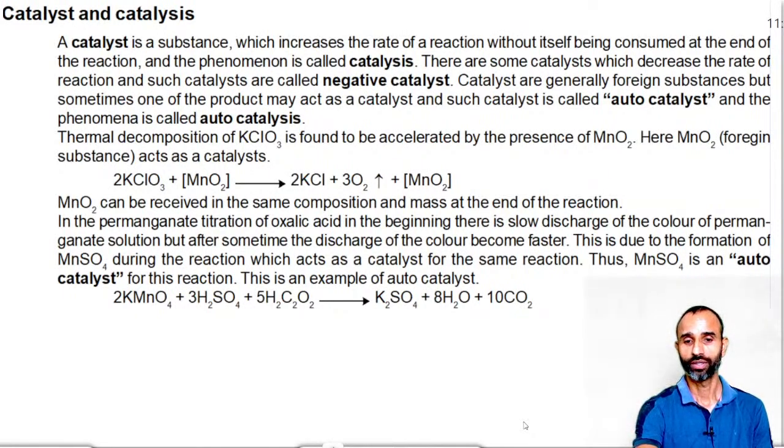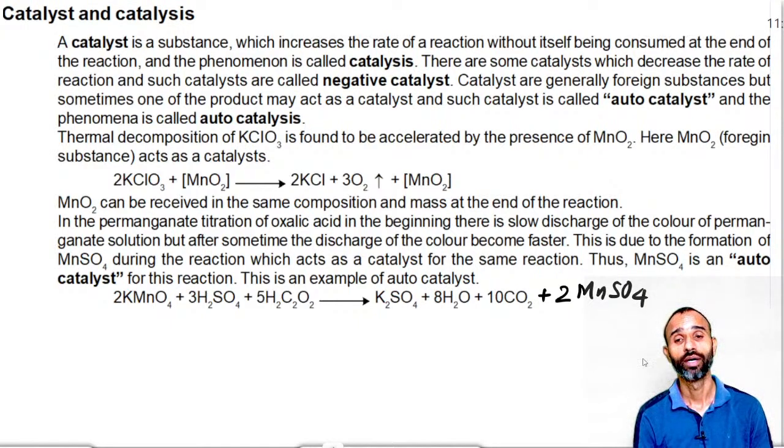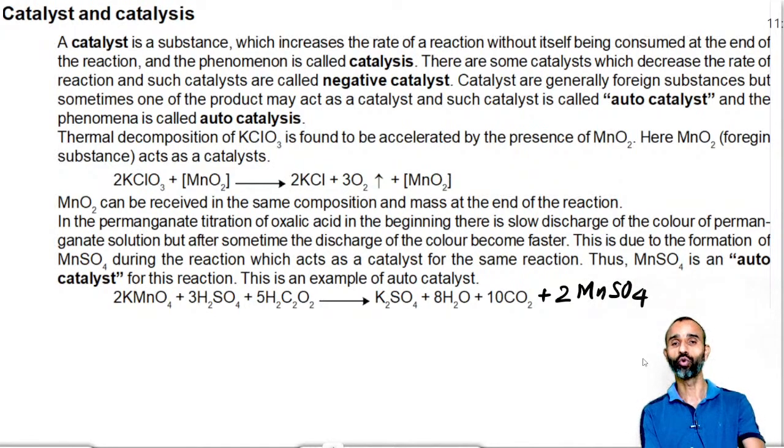Catalyst. A catalyst will decrease the activation energy and increase the rate of reaction, and this process is called catalysis. It is not at all consumed, it is recovered at the end of the reaction.